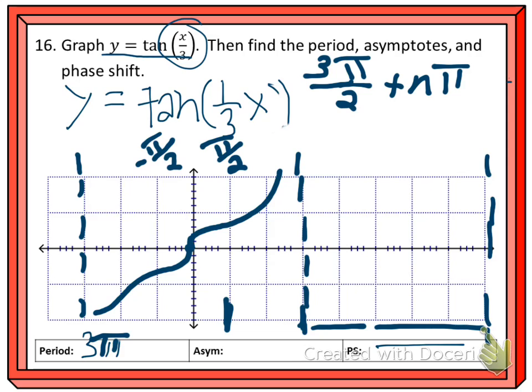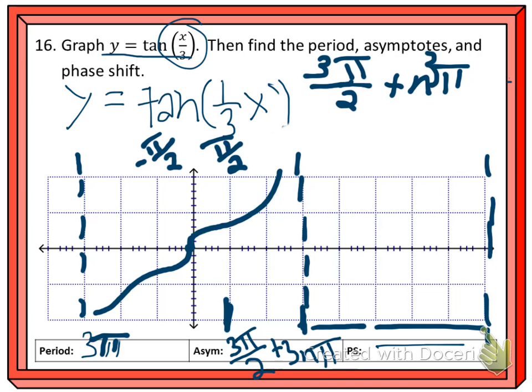So we want to edit that to be a 3. So your asymptote equation comes out to be 3 pi over 2 plus 3n pi.